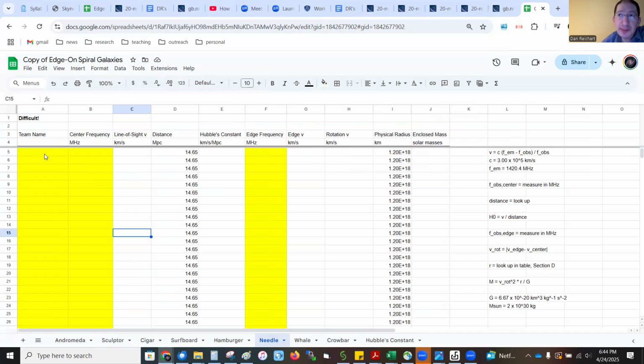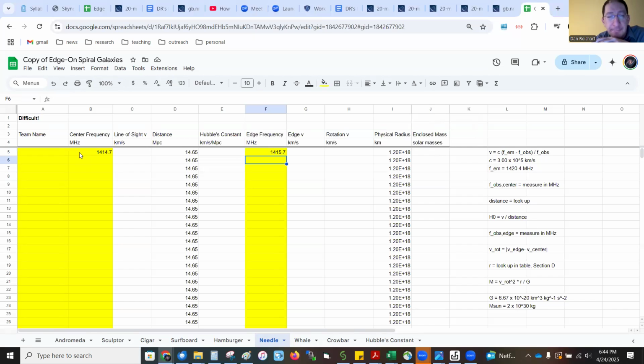This is just like we did with Andromeda. The center frequency goes here. I just measured 14.7. The edge frequency, one edge or the other, I measured 15.7. Those are in megahertz. You do your own measurements and it will differ for different galaxies. And even for this galaxy, you'll probably get slightly different numbers than I did.